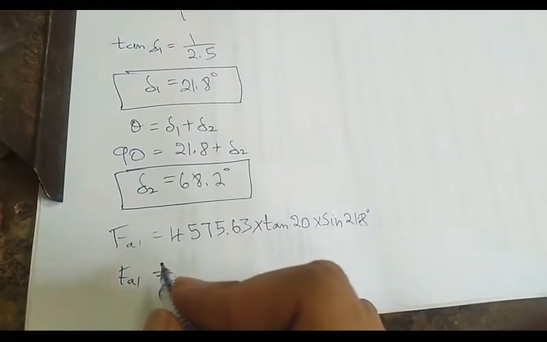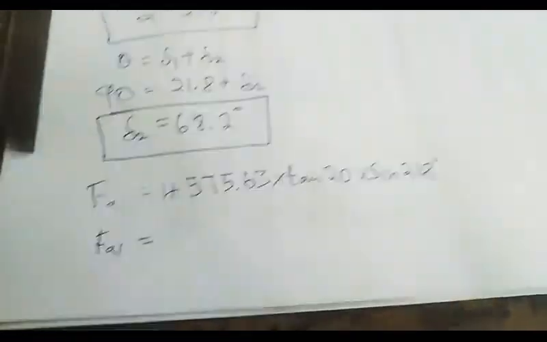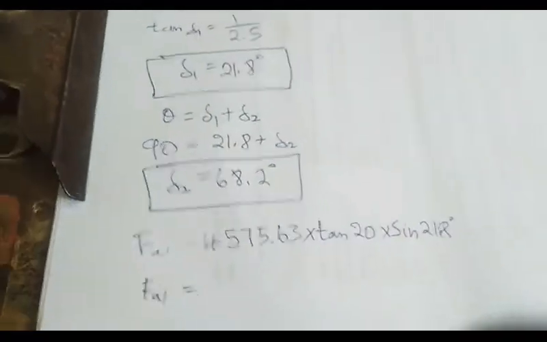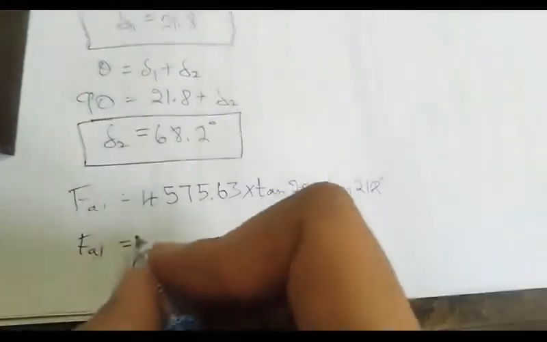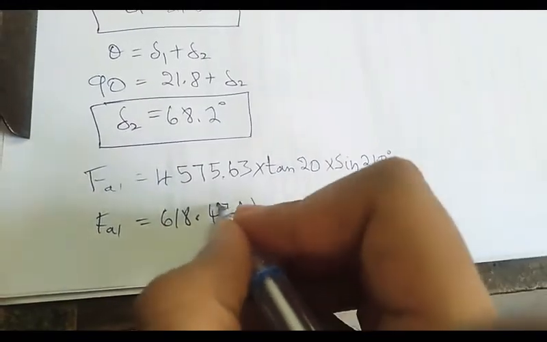We will get the value of FA1 as 618.47 Newton.